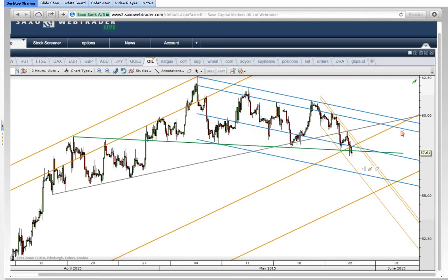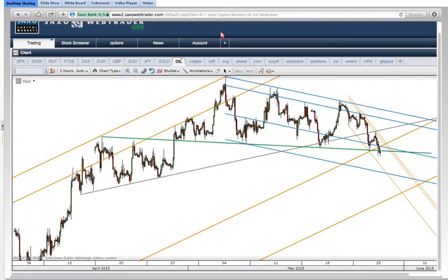What else? DAX, I think we looked at everything. So, the US dollar. I've never looked into this.